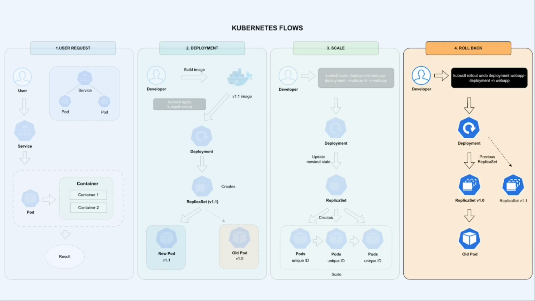Because this process is automated, the system can recover quickly and continue serving users without major disruption. In summary, rollback allows us to safely return to a working version of the application if something goes wrong.